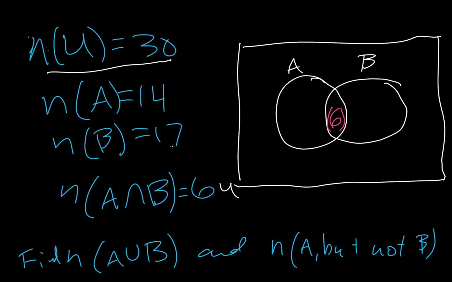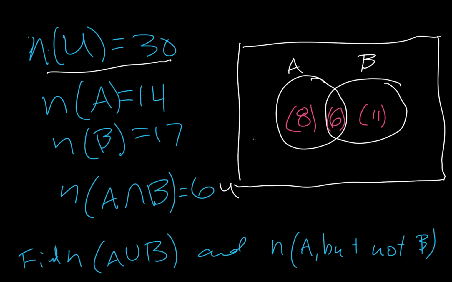B has 17, but we've already represented 6 of those elements, so there's 11 left over. The same thing with A. There's 14 total, but we've used 6, so 8 of them are not represented. In other words, 8 plus 6 is 14, and 11 plus 6 is 17.